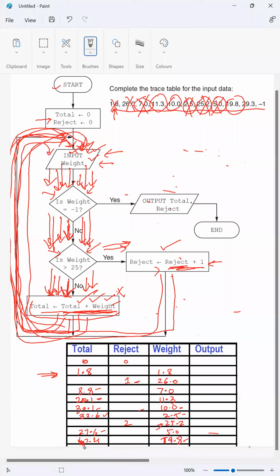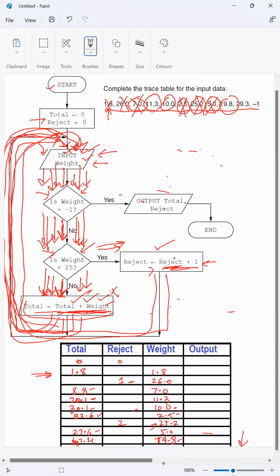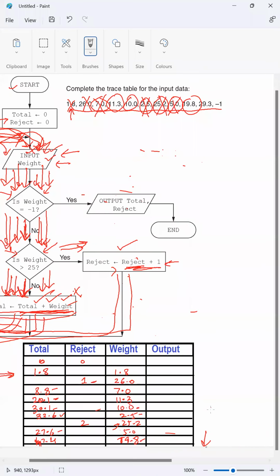And I am not left with any space here, unfortunately. So what am I going to do? I am going to just move slightly to the right and create some more. I should create about 4 of these, right? So this one is for total, reject, weight, and output. Okay.